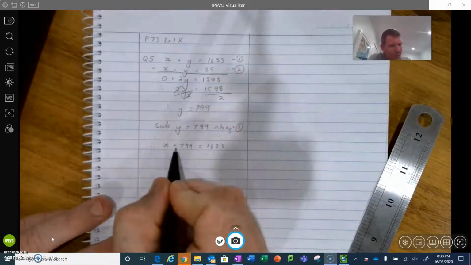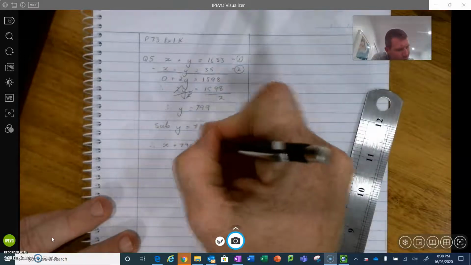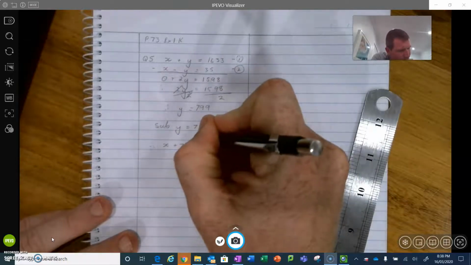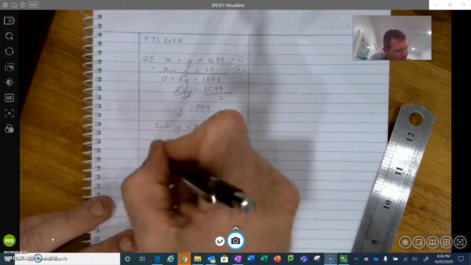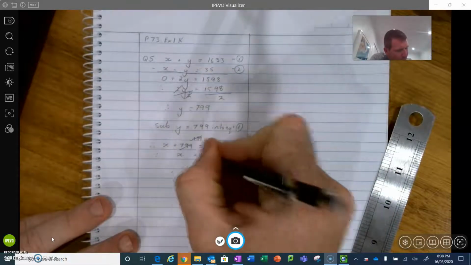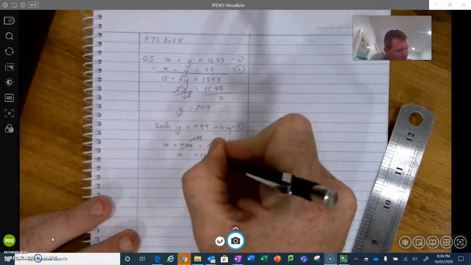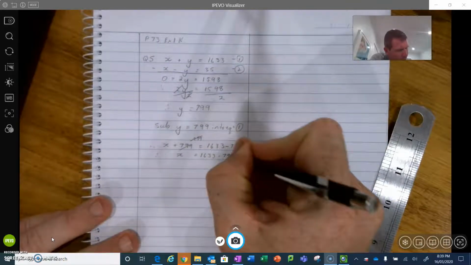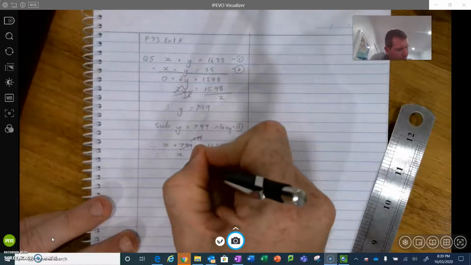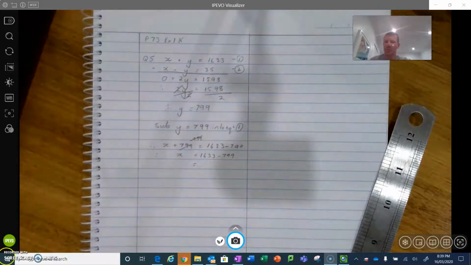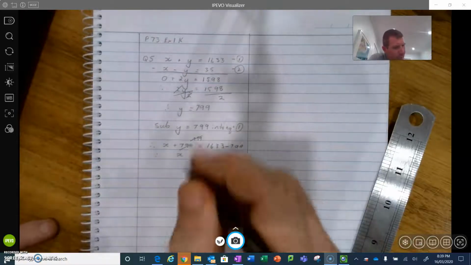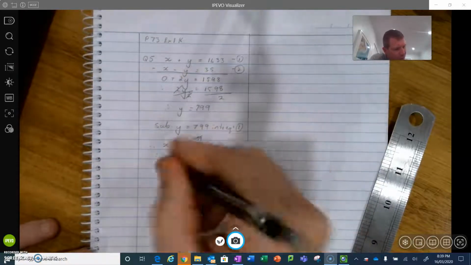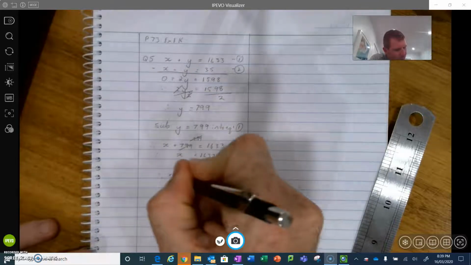And then we've got a plus 799, so the opposite is take 799, cancel, cancel. Therefore x equals 1,633 take 799, which equals 834.